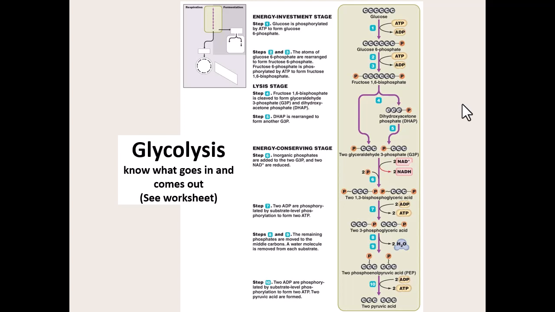How many ATP, looking up there, do we get out total? Like how many ATP do you see coming out? Total. So we have 2 ATP we gain right here, and we have 2 ATP that we gain right there. So using lots of colors today, we get 4 ATP out.